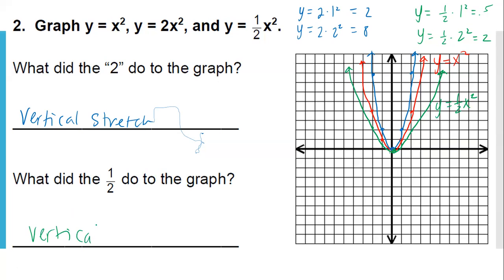A vertical squish. It got wider, right? So think about it. If you decide to cut your workout time in half, what's the chance you'll possibly get wide again, right? At least that's my story.